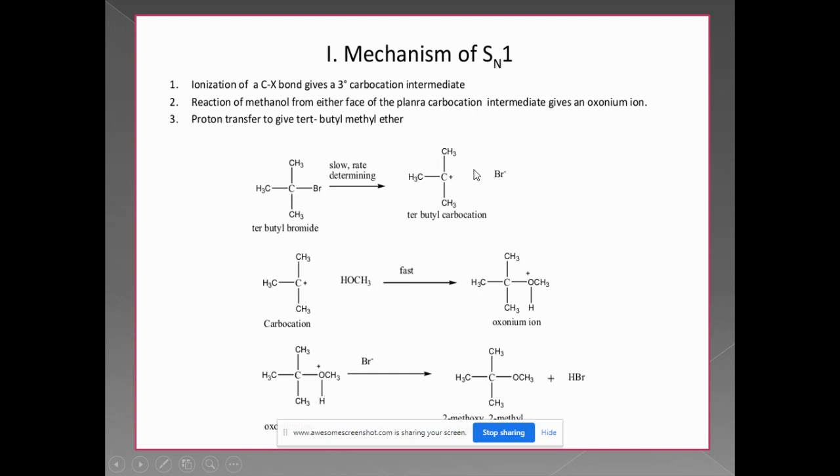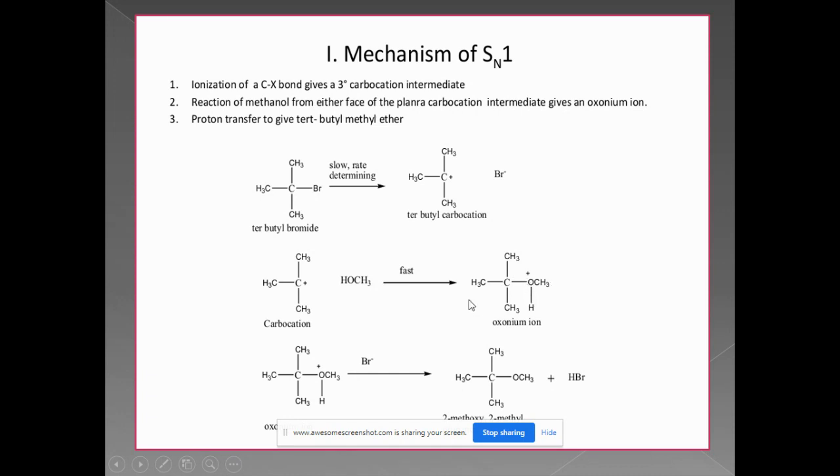As the tertiary butyl carbocation has planar, trigonal planar geometry, the methoxy group can attack from the front side as well as the back side, and thus there is a possibility of formation of retention as well as inversion of configuration. The molecule generated here is the tertiary butyl carbocation with the adduct of the methoxy group.